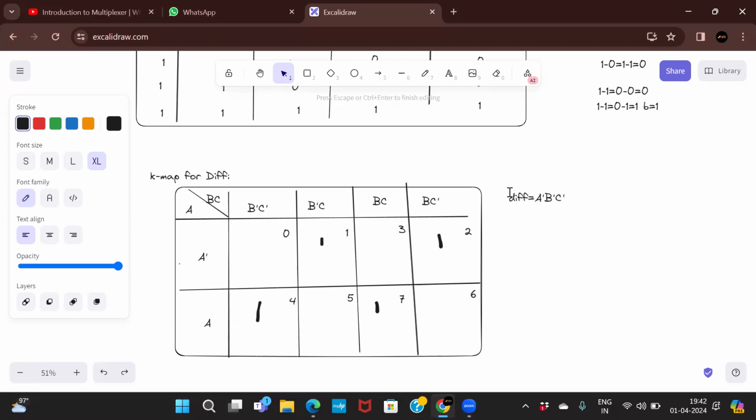Next, A bar, B, C bar. Perfect. And next plus A, B bar, C bar. Done.